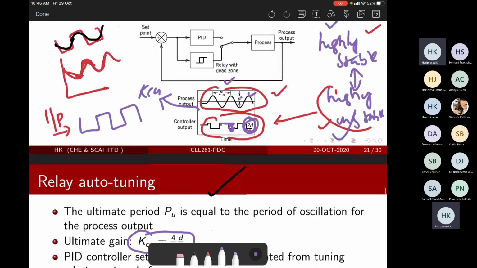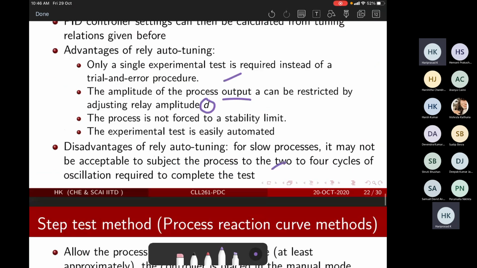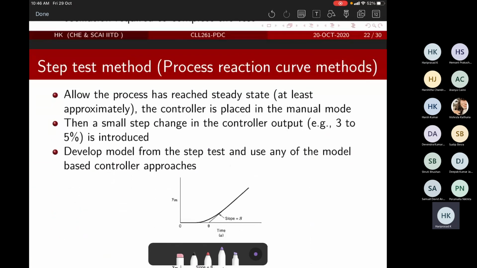The disadvantage may be that it is a little slow, because the initial on-offs might not give you a nice sustained oscillation, but once you wait for some time, you would get it. But this is not a major disadvantage compared to the key disadvantage of the other methods.